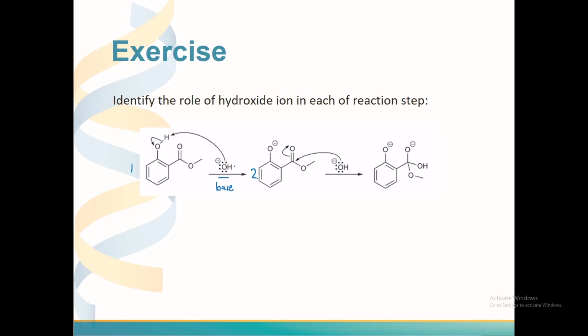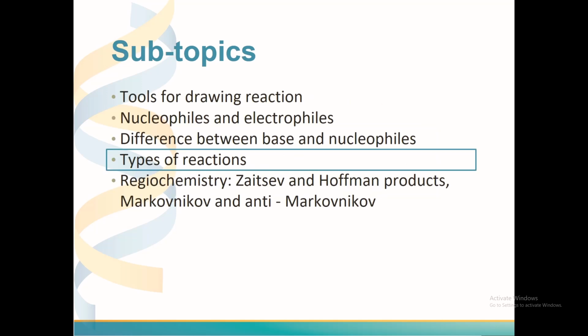The hydroxide ion acts as a base in the first reaction. In the second reaction, the hydroxide ion is attacking the carbon. Thus, in this case, this is a nucleophile. So that's how you determine whether a species is a base or a nucleophile. Continue to the next topic, which is types of reactions.